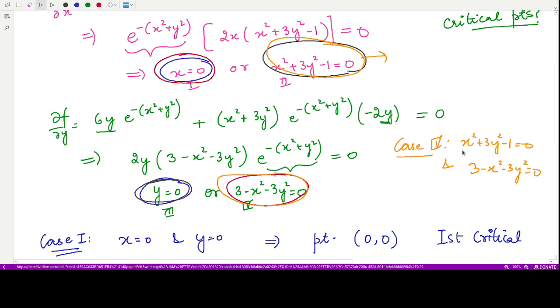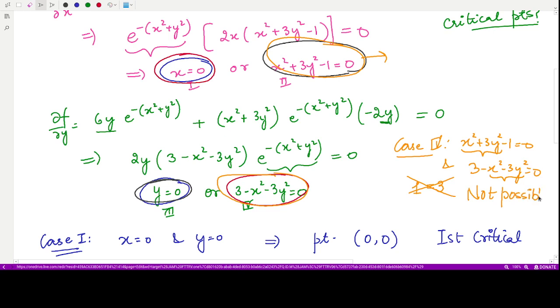From the first equation, the value of x square plus 3y square comes out to be 1. And from the second equation, the value of x square plus 3y square comes out to be 3. So that means 1 should be equal to 3. But this is never true. Therefore, this case is not possible.